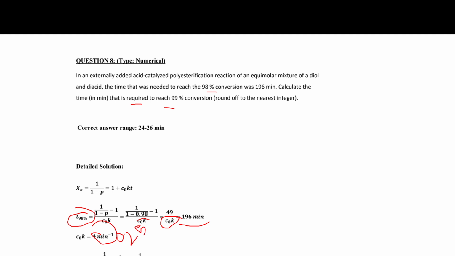So now we put the 99%. So 1 minus, it will be coming around 1 divided by 0.99. So it will be 100 minus 1, so 99 divided by 0.25.